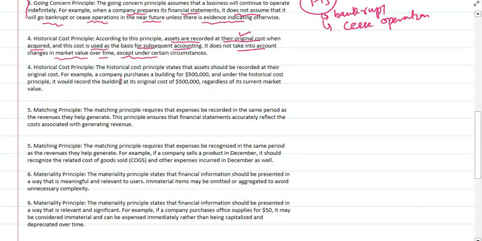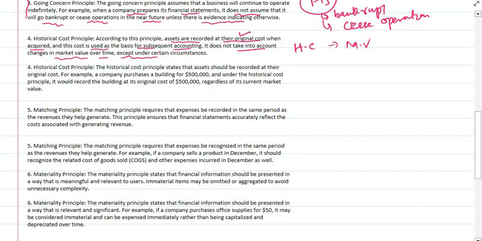It means that assets should be recorded at their original cost, rather than their current market value. You have to record the asset at the historical cost, not at the current market value.